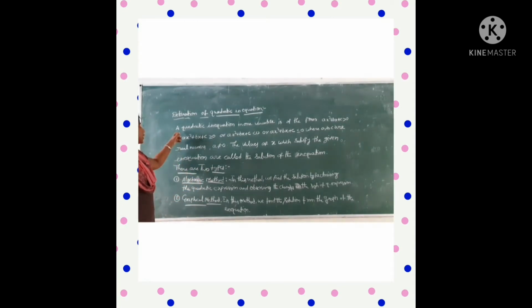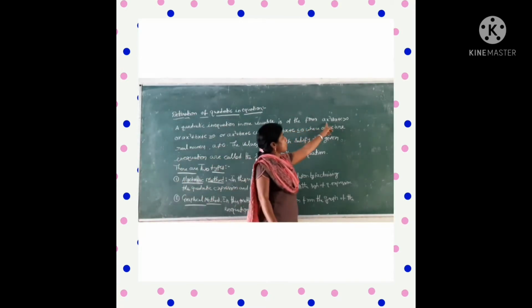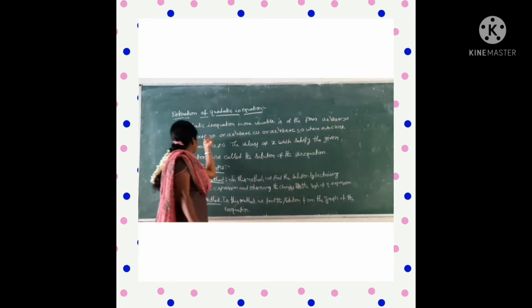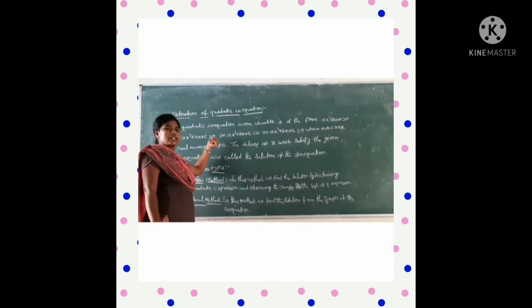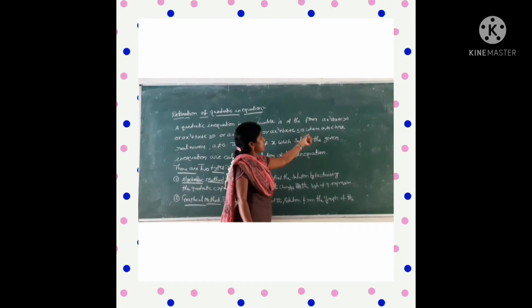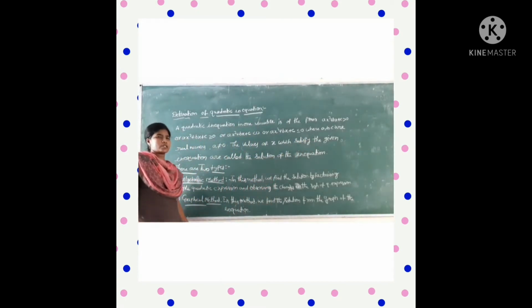Okay, see here a quadratic inequation in one variable is of the form ax square plus bx plus c is greater than 0, or greater than or equal to 0, less than 0, or less than or equal to 0. Here a, b, c are real numbers and a is not equal to 0.